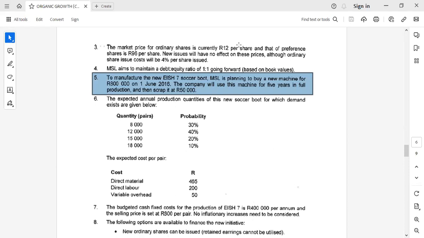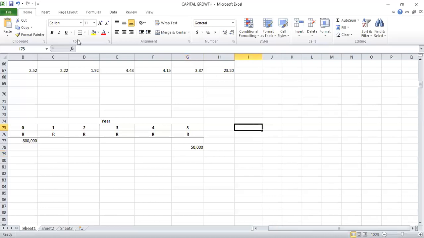So we can do our calculations here. Expected demand.